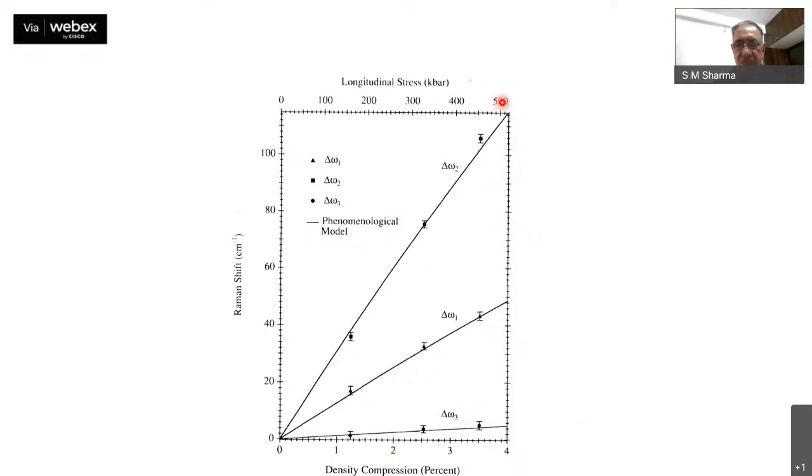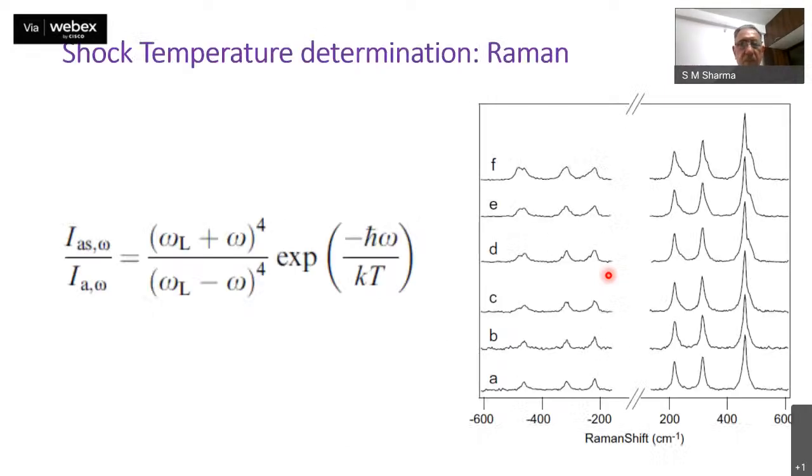So all three peaks persist up to, in this case, 500 kilobars, but it is now known that diamond continues to be in the elastic state up to almost a megabar. Coming back to the shock temperature, you can use the Raman measurements to estimate the temperature.